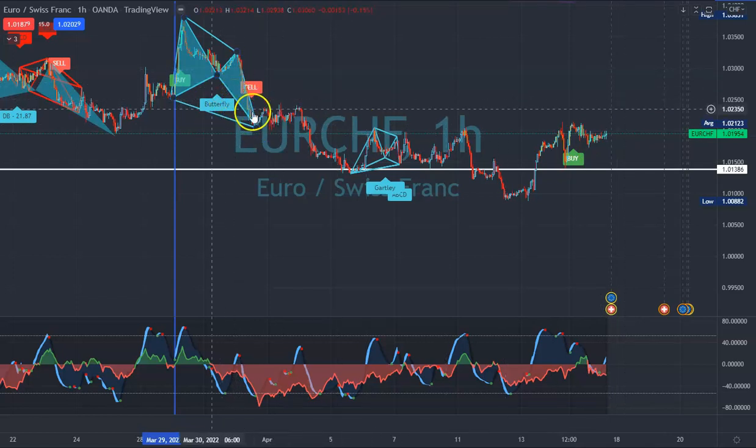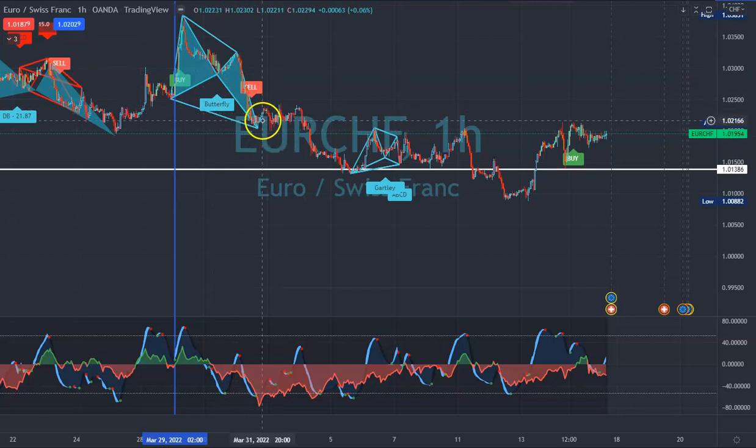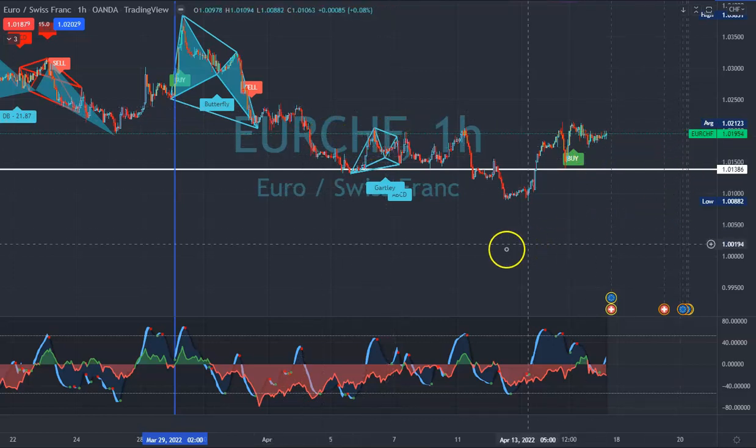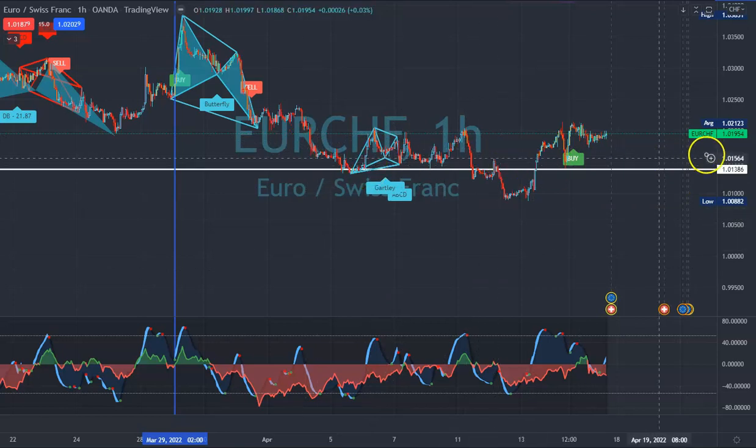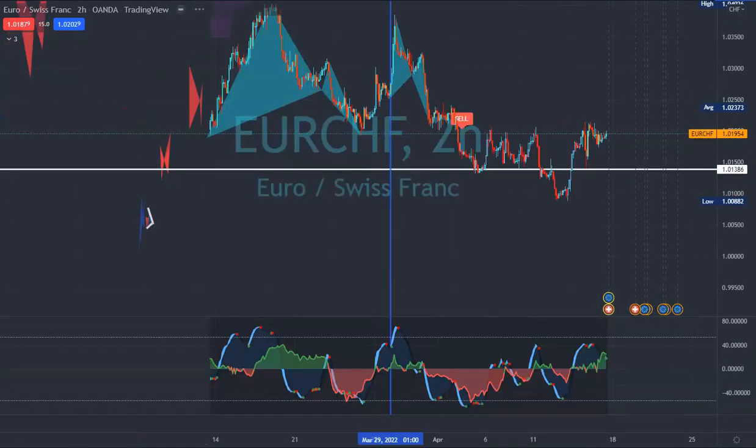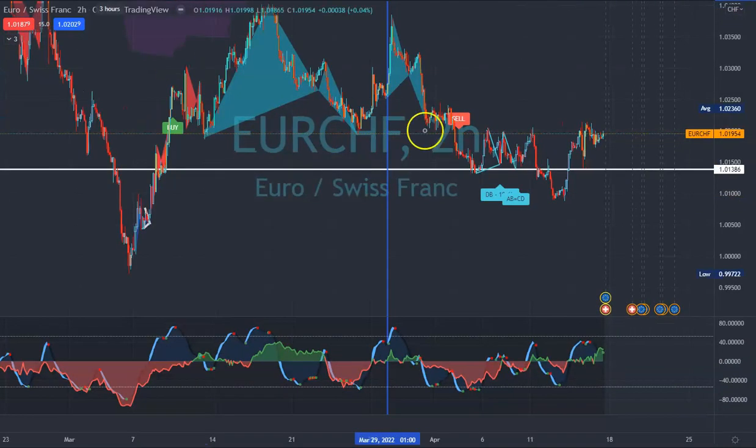Just coming here with this harmonic, we see that the trend was quite bearish. It's constantly going back and forth, whatever. But, alright, any other harmonics found along this thing?